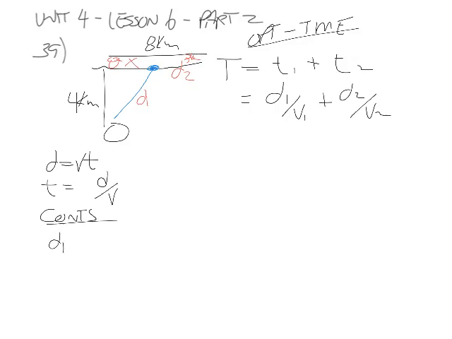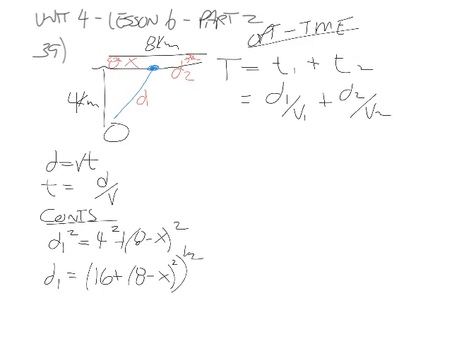So we know that D1 squared is equal to 4 squared plus (8 minus x) squared, or D1 would equal (16 plus (8 minus x) squared) to the 1/2. So there is my constraint equation, which is going to go up into my optimization equation.